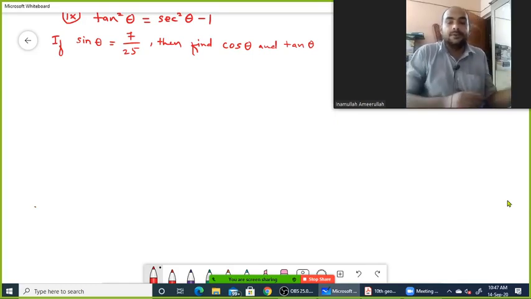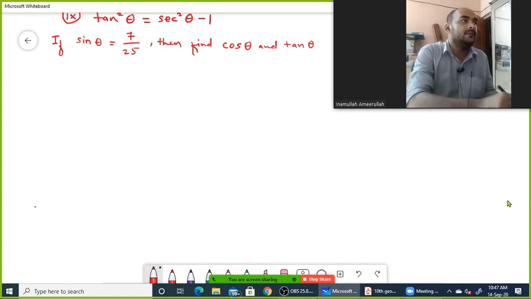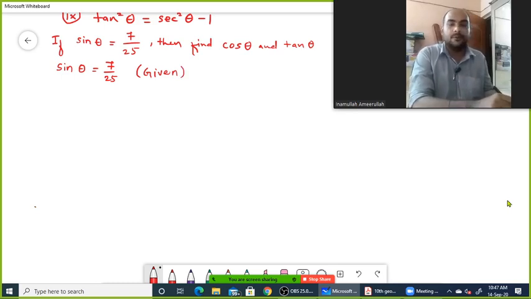It is given that sine theta is 7 by 25, and we need to find out cos theta and tan theta.